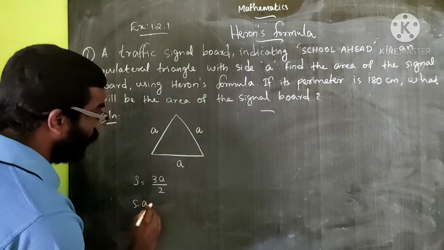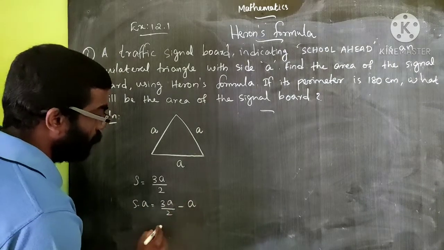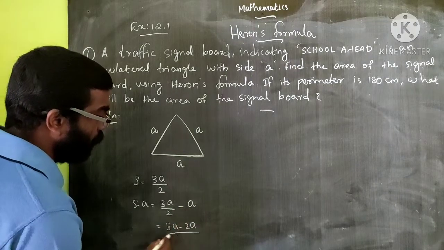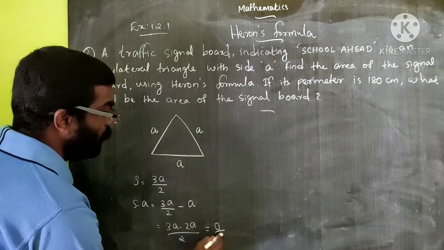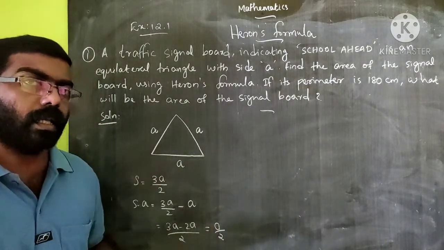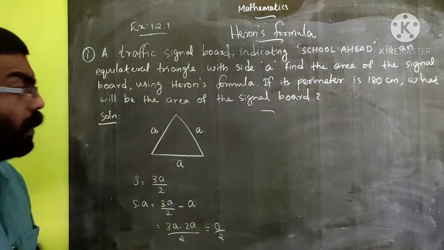So s minus a is equal to 3a by 2 minus a. On cross multiplication we get 3a minus 2a divided by 2, which gives a by 2. Here all the sides are equal, so s minus a equals s minus b equals s minus c, all are the same.